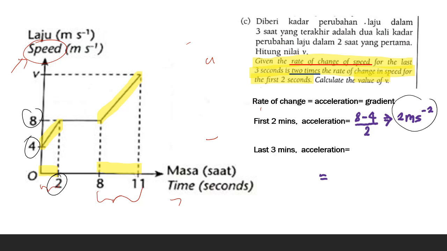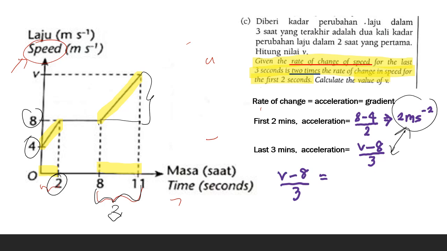And then for the last 3 seconds, what do you get? V minus 8 divided by this one, that is 3.